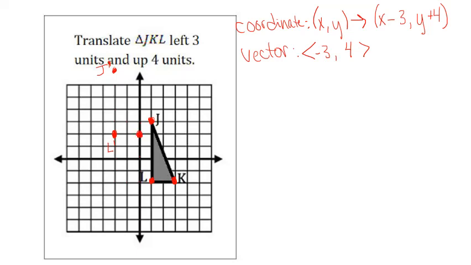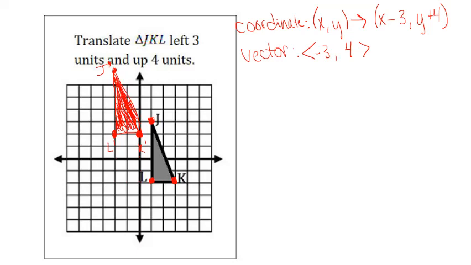And now we're going to label that point K prime because that's our new location for the point K. So now you can connect the dots to make our new triangle, and then you can just shade it in. So this is our new location of our triangle JLK.